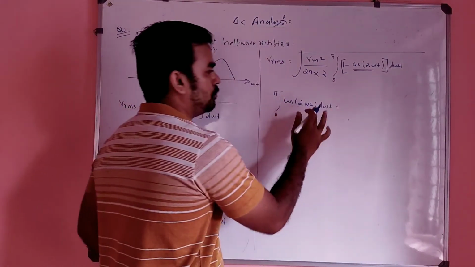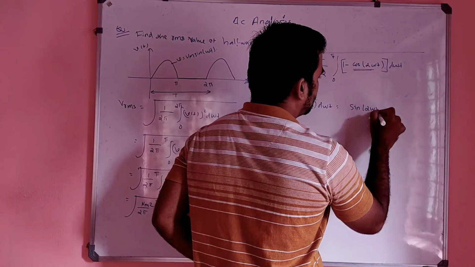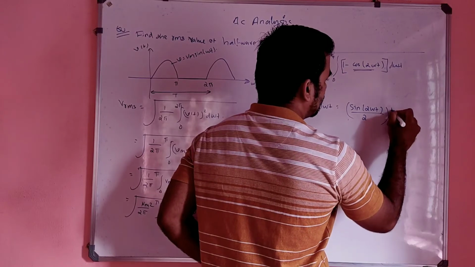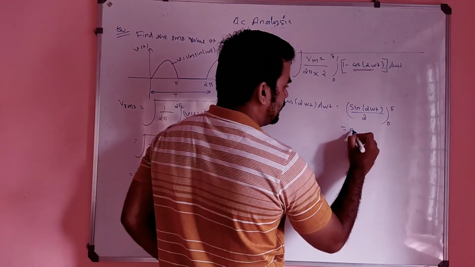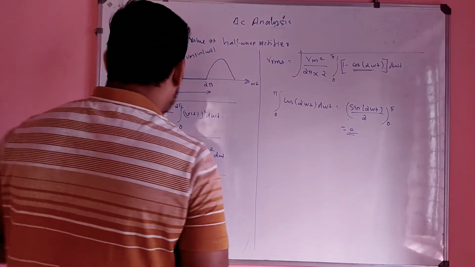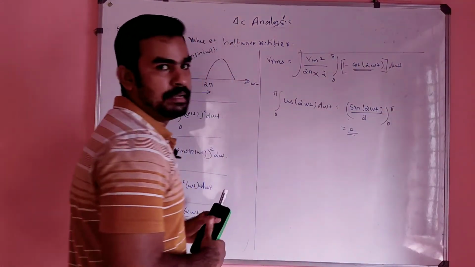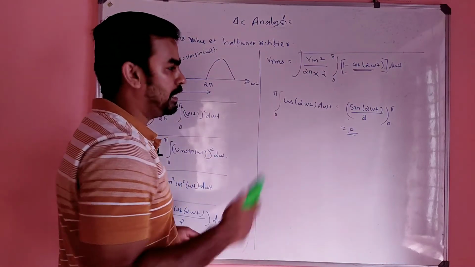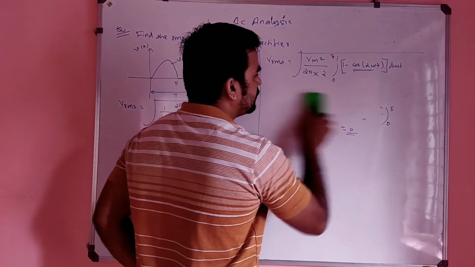What is the integral of cos 2 omega t? It is nothing but sin 2 omega t divided by 2, from 0 to pi. So it will be sin pi, which is always 0, so the integration will be 0. No need to calculate this cos 2 omega t part, because the integration becomes sin pi, which will be 0 all the time. That is the idea we get from this question. We only have to consider the first term.